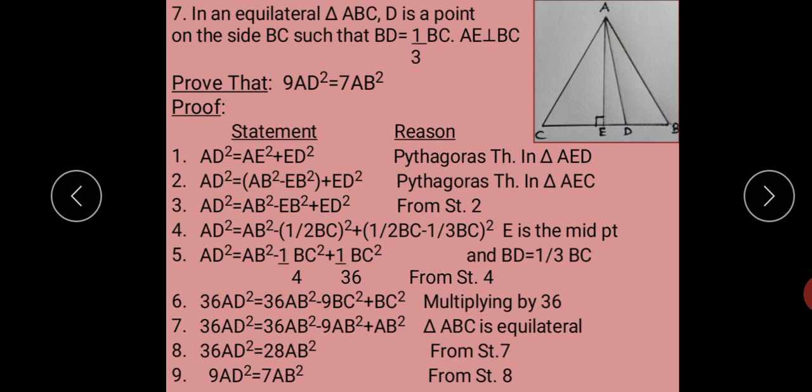The only difficult part here is that ED. Look at that ED very carefully. ED is BE minus BD, BE is half BC, and BD is 1/3 BC. So you get 1/6. That ED part is 1/6 of BC.